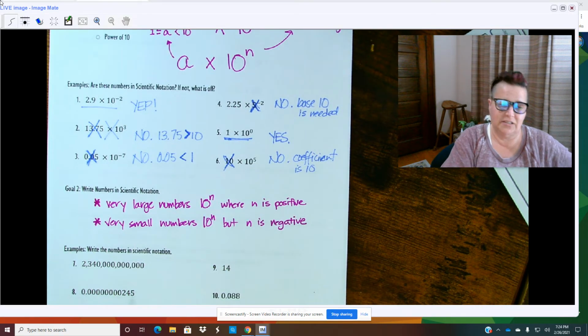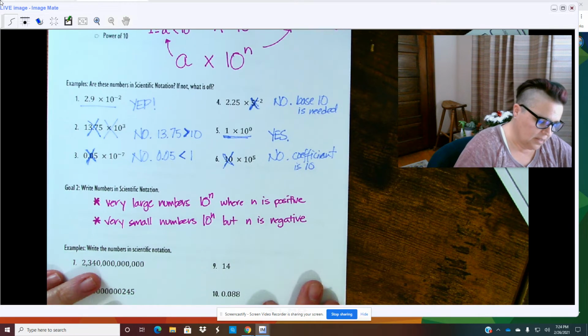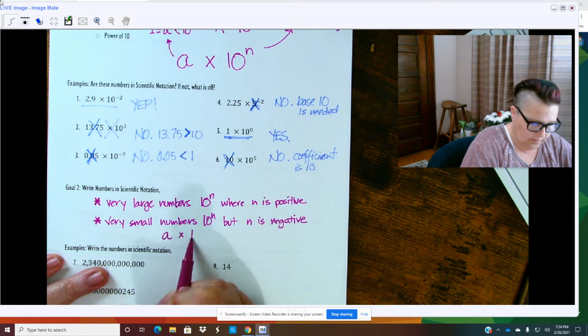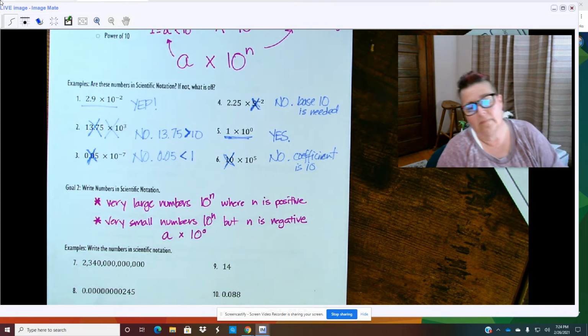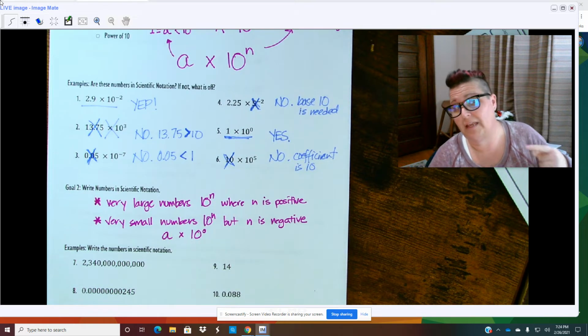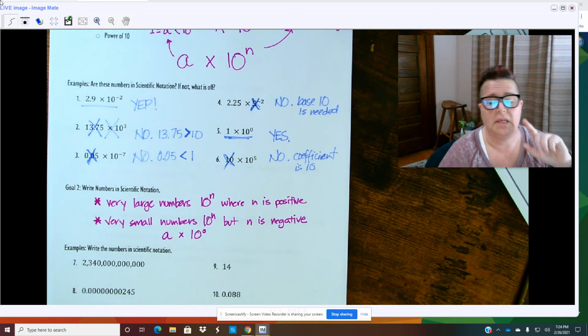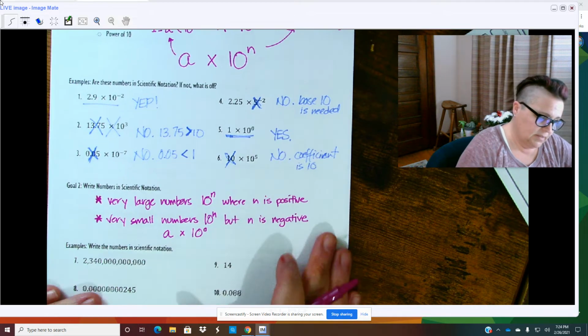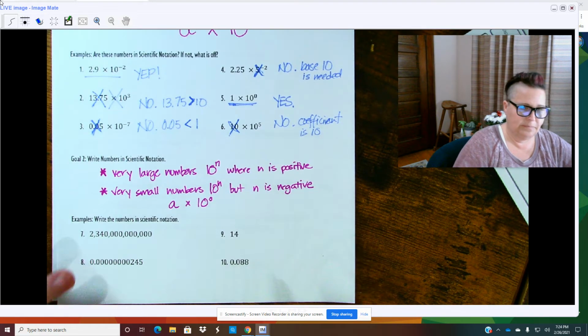I generally start out by writing any number as times 10 to the 0, because 10 to the 0, anything to the 0 power, is 1. And this helps me to adjust. So how does this work?